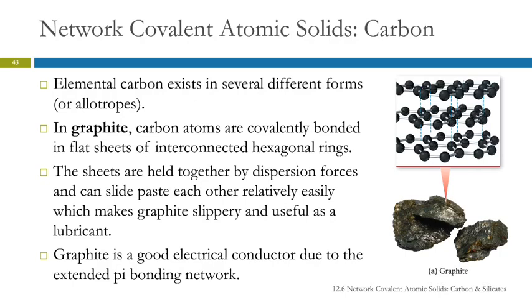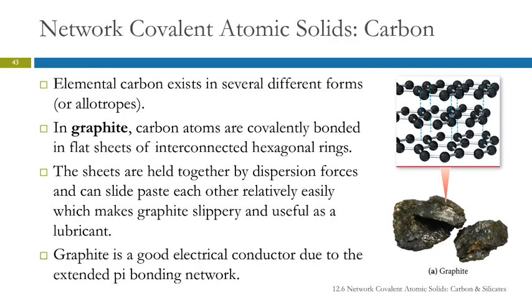One form of carbon is graphite. In graphite, the carbon atoms are covalently bonded to each other, and they make interlocking hexagon rings. There are sheets of hexagon rings, and then those sheets lay on top of each other. The sheets are held together by dispersion forces.